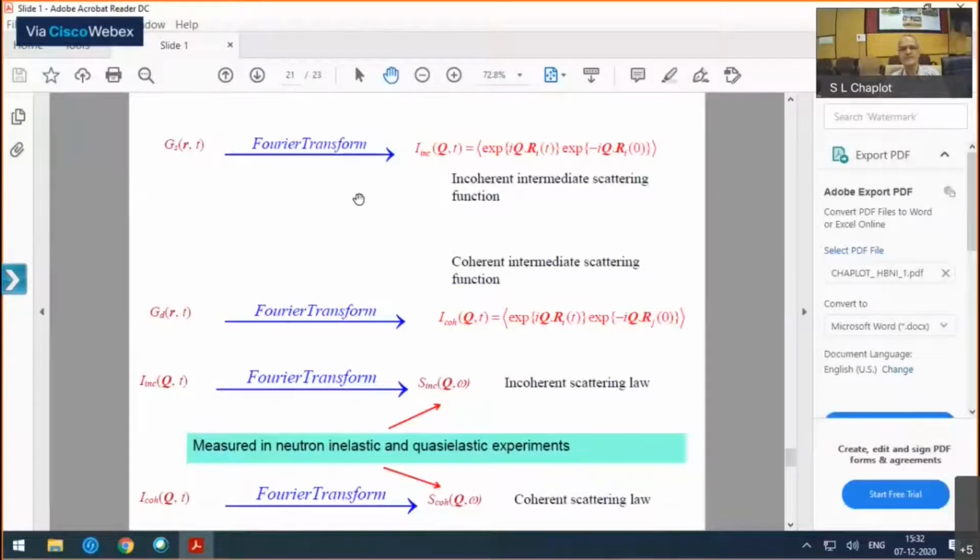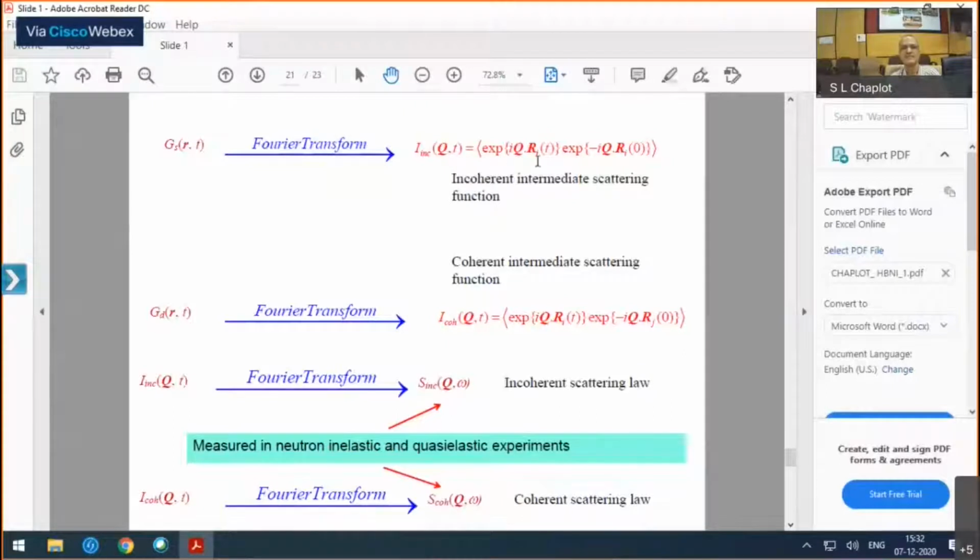If we look at now, we said that if we have the self correlation function and we take the Fourier transform of it, Fourier transform means only the r is Fourier transformed to Q, from the real space to reciprocal space.